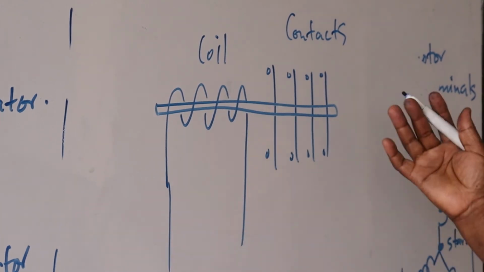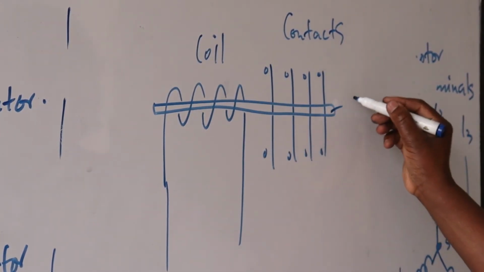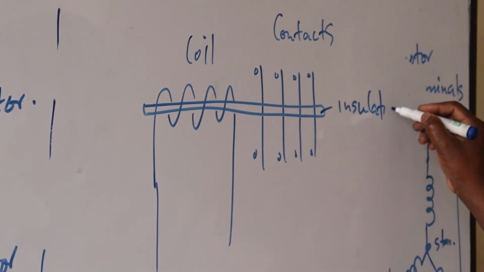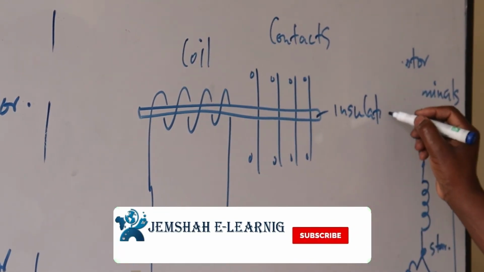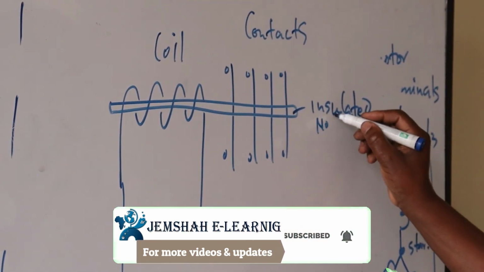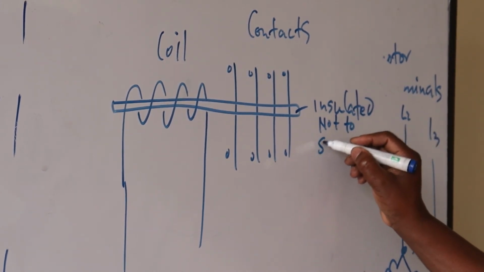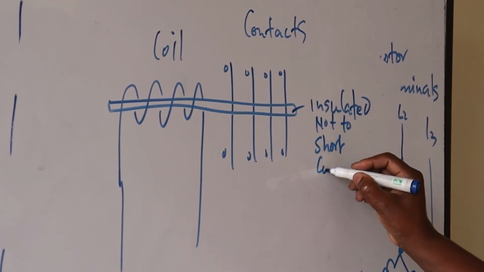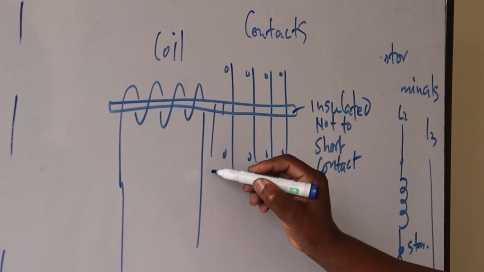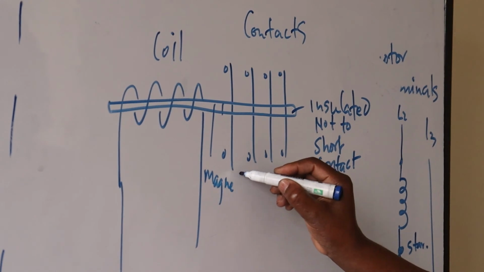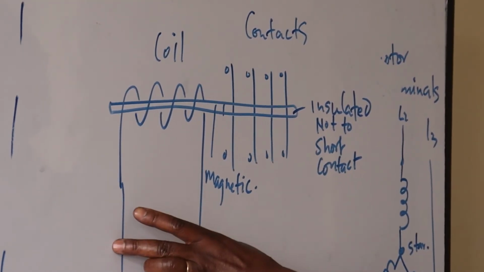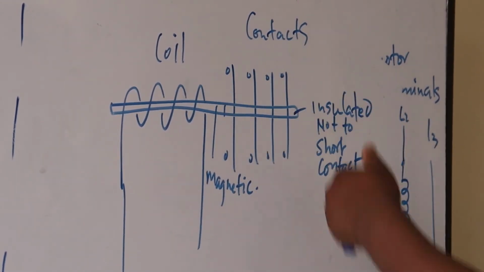So when this one is energized, it will pull the plunger inside. This one is insulated, so that it does not short the contacts. And this end here is magnetic, so that the coil can interact with this one here. When it's energized, this one is pushed in, and these contacts here make.